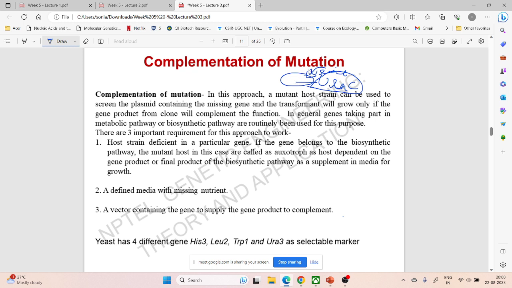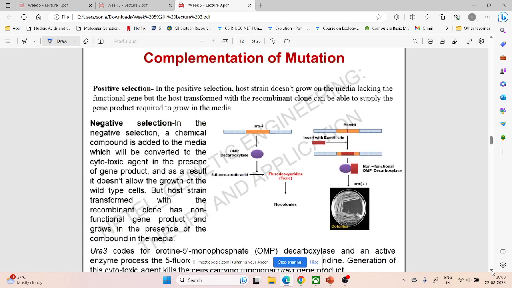So this is a basic definition, but when we study complementation, it can be of two types. First is a positive selection, and second is a negative selection. A positive selection means that suppose this is a host, and the host does not have uracil. Uracil is absent in the host, and this is a recombinant clone. It has the uracil.